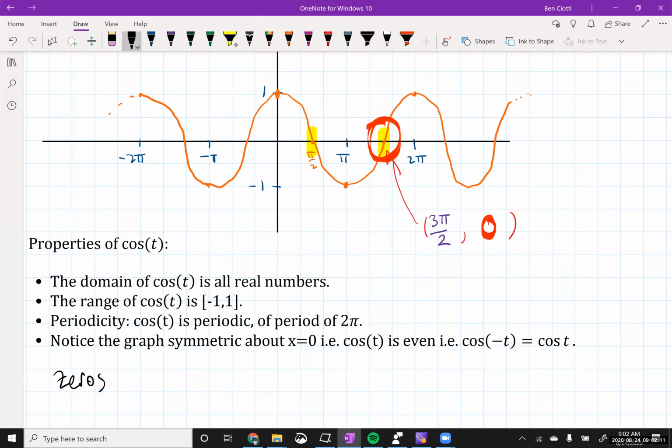The midline is now y equals 3. So in general, the midline of a times sine x plus, let's say, k is y equals k.